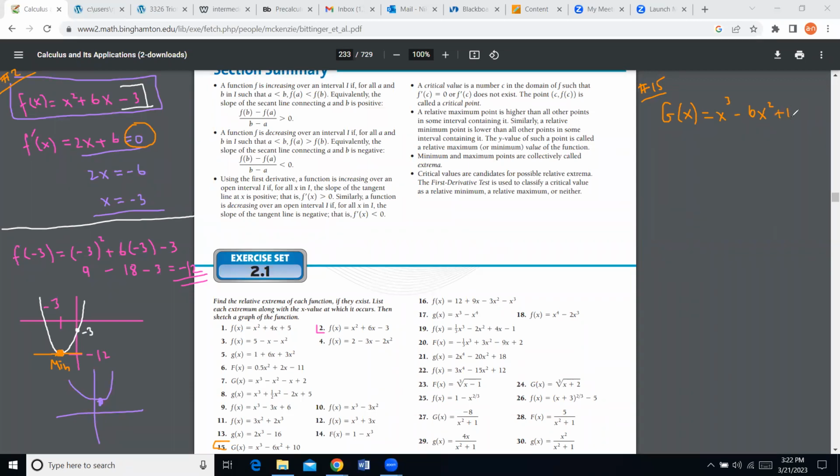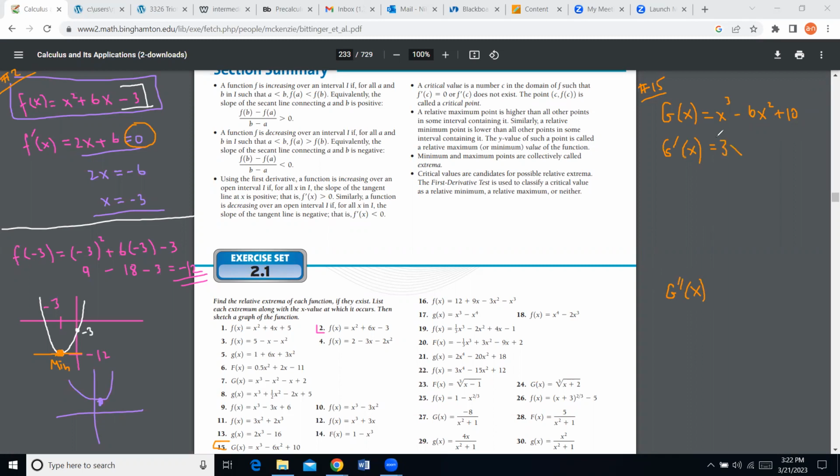So I'm going to be taking the first derivative of this function, and then also the second derivative. We'll see why. So we're going to differentiate that derivative once again.